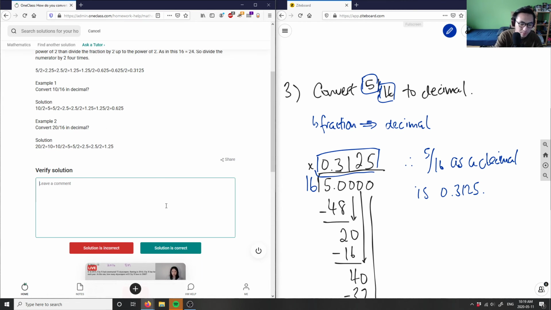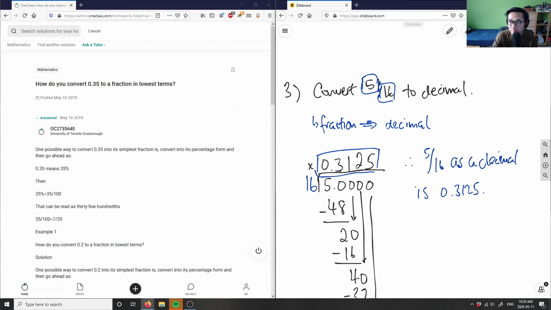So the solution is correct here, but I would prefer they use long division to avoid errors when dividing decimals. So the solution here is correct, but I didn't really like this analysis in this case here.